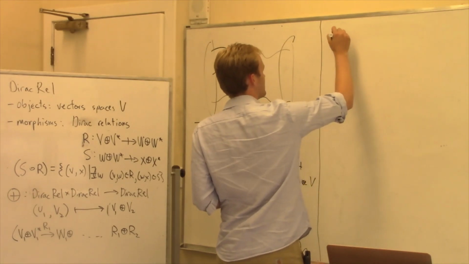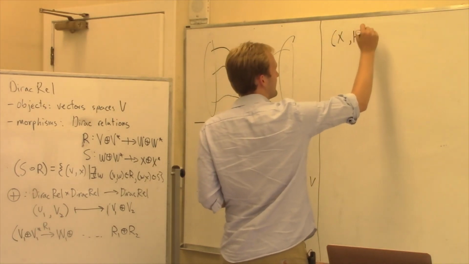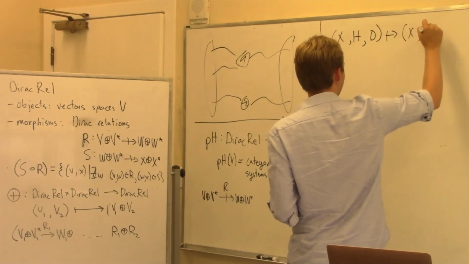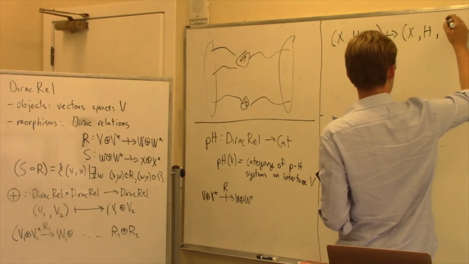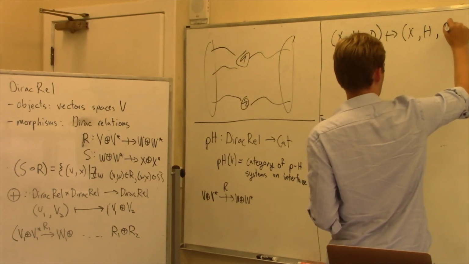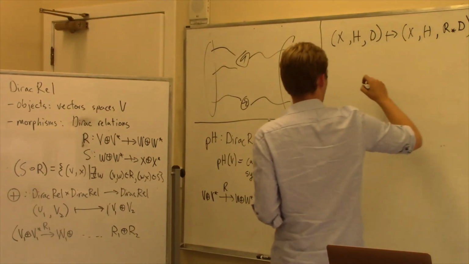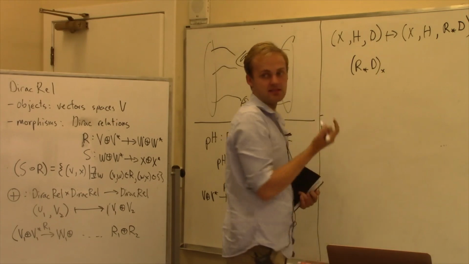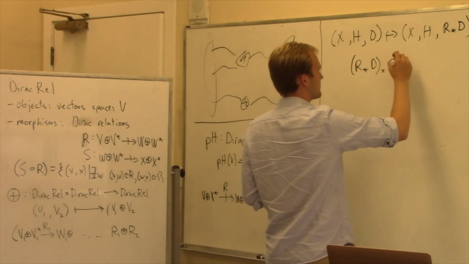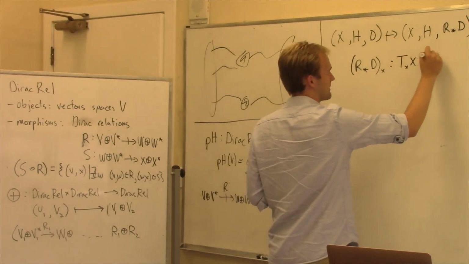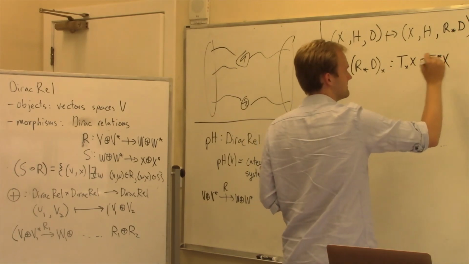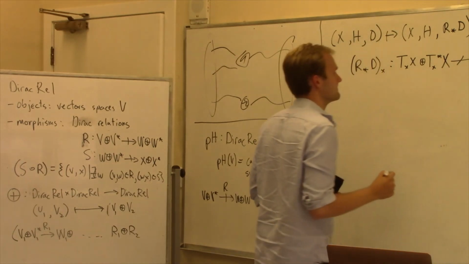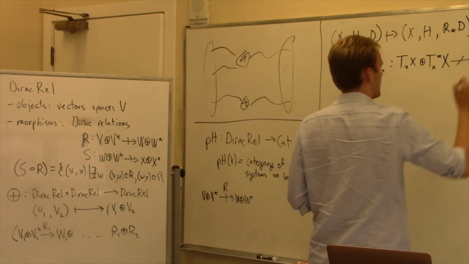Well, Port-Hamiltonian system X, H, D gets mapped to X, H and then what I'm going to call R lower star D, where R lower star D sub X needs to be a relation between TX direct product T star X and W direct product W star.